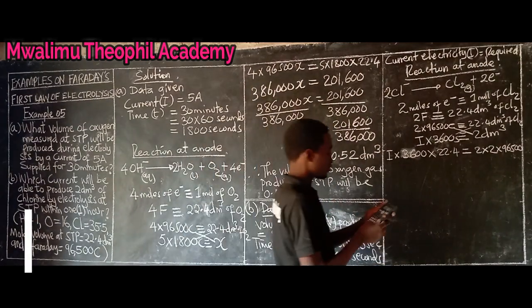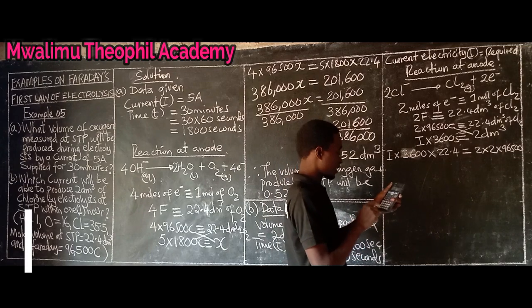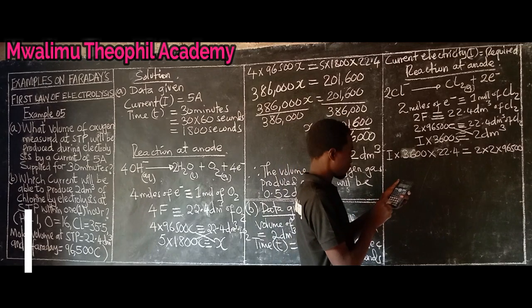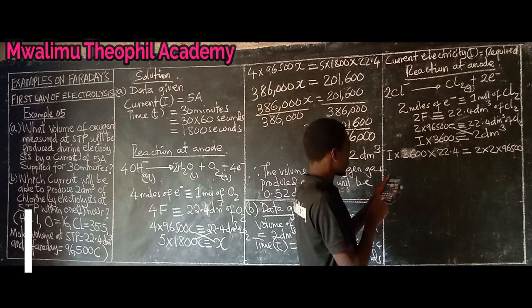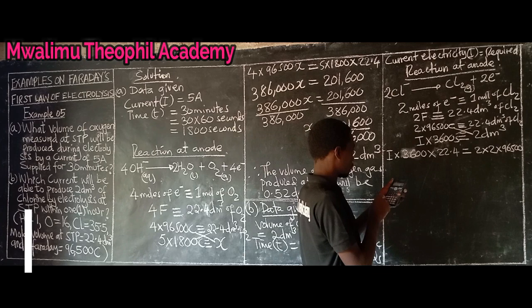Now let us multiply the values on the left hand side and the right hand side. On the left hand side we have 3,600 times 22.4.